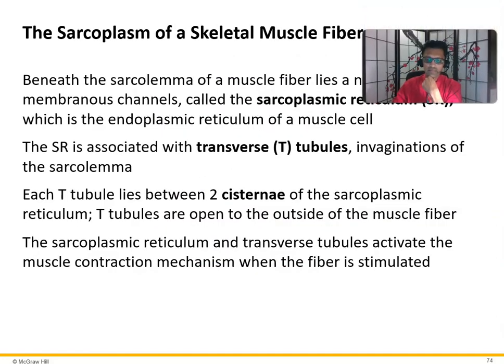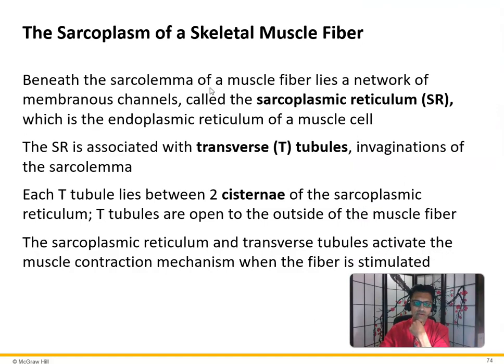Okay. Now, beneath the sarcolemma of the muscle fiber lies a network of membranous channels called the sarcoplasmic reticulum. Remember in cells, we used to call that endoplasmic reticulum. You had a rough and a smooth, which is the endoplasmic reticulum of the muscle. The sarcoplasmic reticulum is associated with something called transverse tubules, invaginations of the sarcolemma.